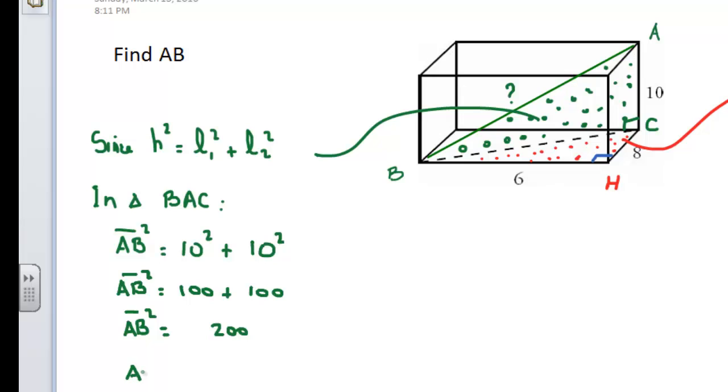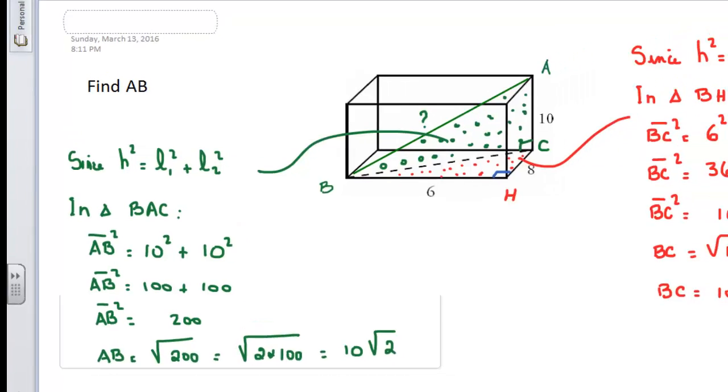That means AB equals, I have two ways. Either I find the square root of 200, or I can say 200 equals 2 times 100, and take the 100 outside of the square root as 10 square root of 2. So I can do it this way, or I can find the square root of 200 right away.